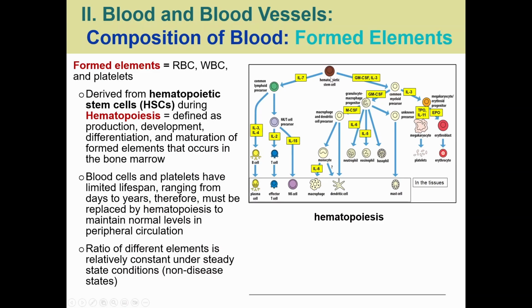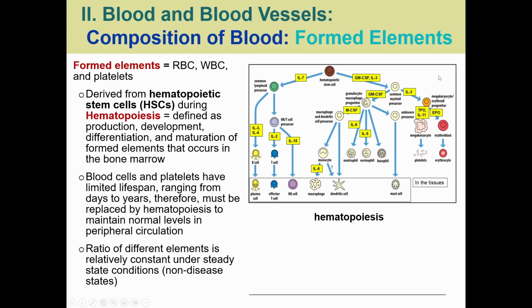So if we're looking here, we have our hematopoietic stem cell. If we're exposed to IL-7, we're going to go down the lymphatic, or the lymphocyte route, I should say. If we are going down here for IL-3 or GM-CSF, right, we can become other types of white blood cells like monocytes, or we can become the granular white blood cells, or we can become something like a red blood cell or platelets, right?